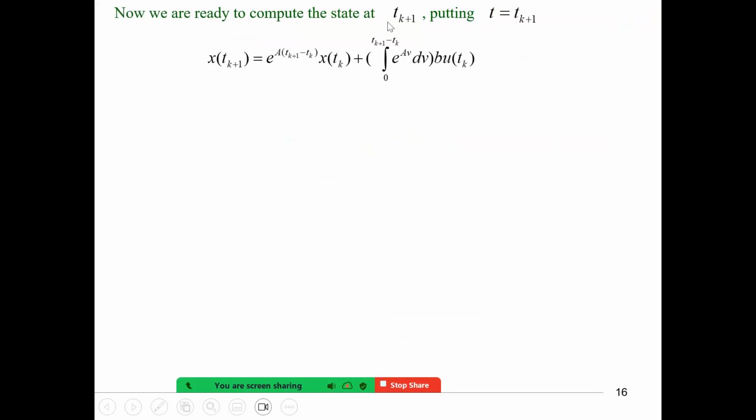In that formula, we just replace t with tk plus 1. This is the formula we can use to compute the state at tk plus 1. How do we compute the state? It depends upon the current state at tk, and it depends upon this input signal u(tk), because we know that input signal is a constant.